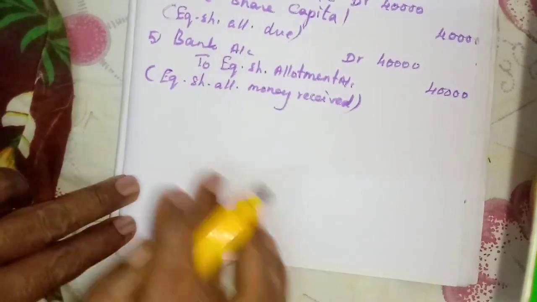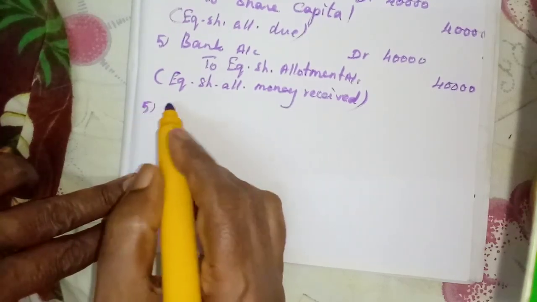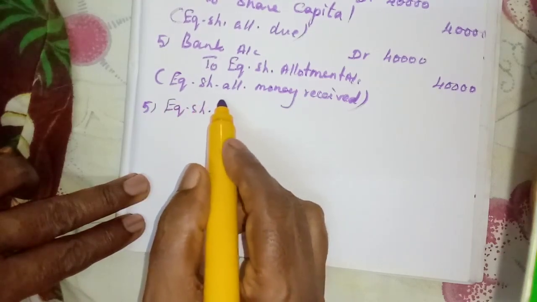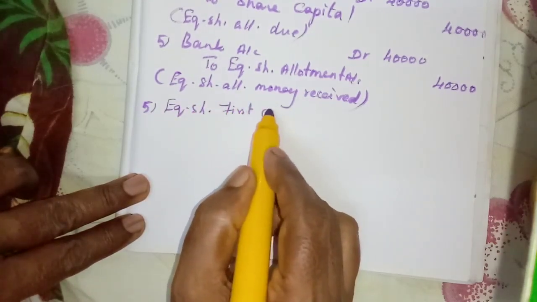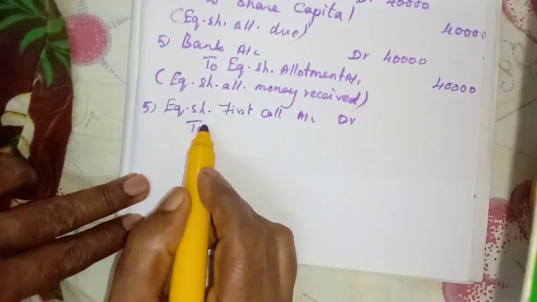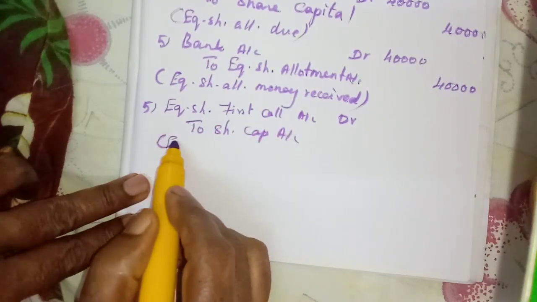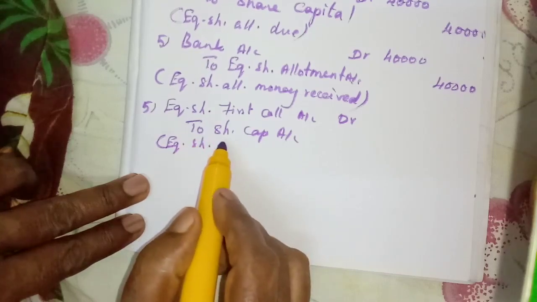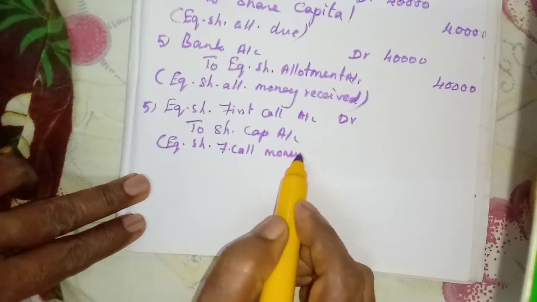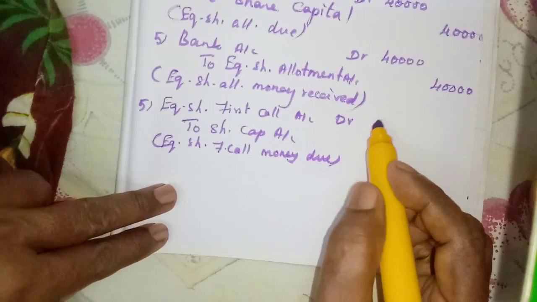Then if we make the first call due, equity share first call account debtor to share capital account. Equity share first call money due. 2 we have given, isn't it?